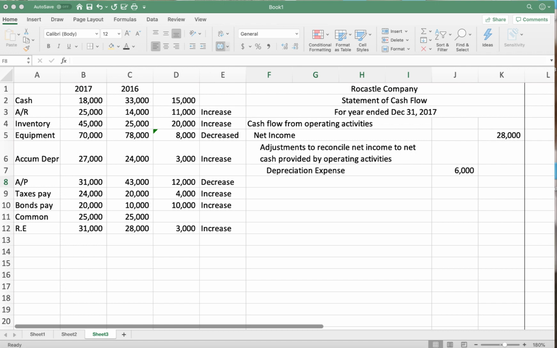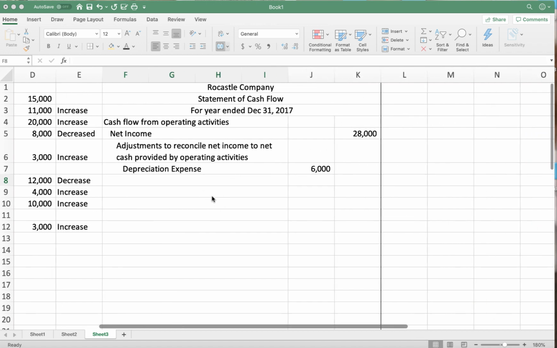The equipment had a cost of $15,000. Okay, that's awesome. Had accumulated depreciation of $3,000 at the time of the sale. So that means the book value is $12,000. Guess what? That's the same amount of cash we got, no gain or loss. So we don't need to add back any increases or decreases, we don't need to deduct any gains or add back any losses, right?